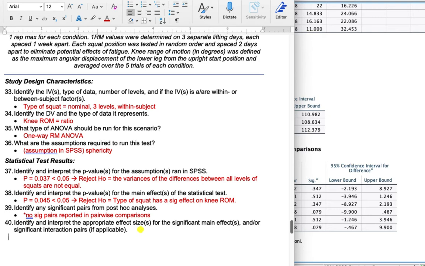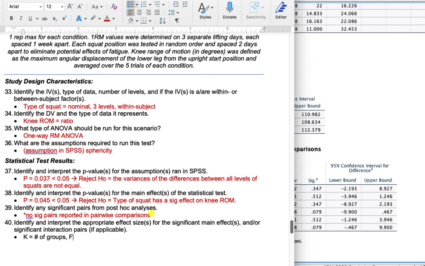For our effect size, we are using the omega squared formula for a one-way repeated measures ANOVA. And so this formula uses a couple of values. We have K, which represents the number of groupings that we have.